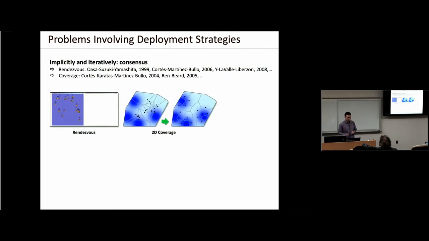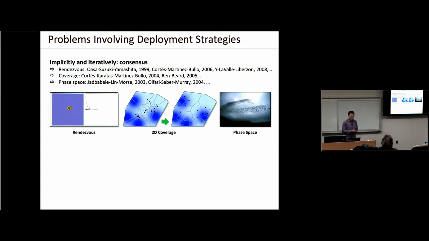It could be that we want to move the robots to get a good coverage based on some distribution. So from one distribution, initially robots are like this, then you want to cover the more important areas. It could also be consensus in phase space. For example, you might want to reach the same heading, or the same velocity.